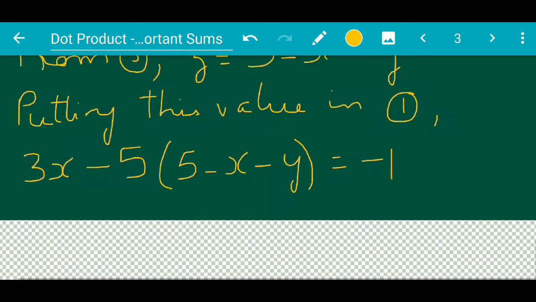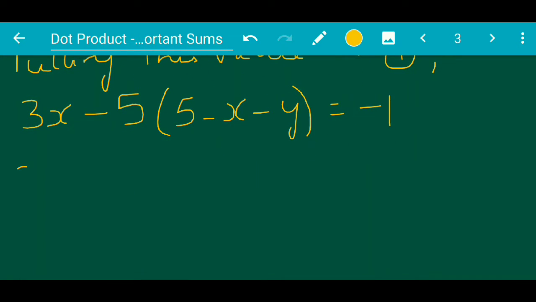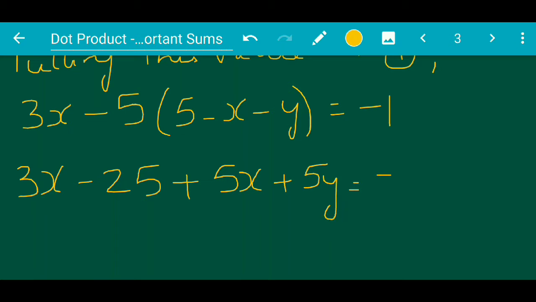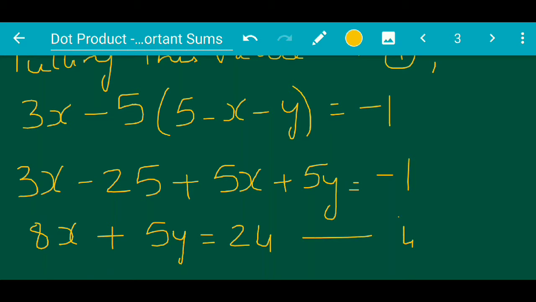Upon solving it, upon opening the bracket, doing further, we get 3x minus 25 plus 5x plus 5y is equal to minus 1. Simplifying it further, 3x plus 5x gives us 8x. So 8x plus 5y is going to give us minus 1 plus 25, that is 24. Say this becomes the fourth equation.